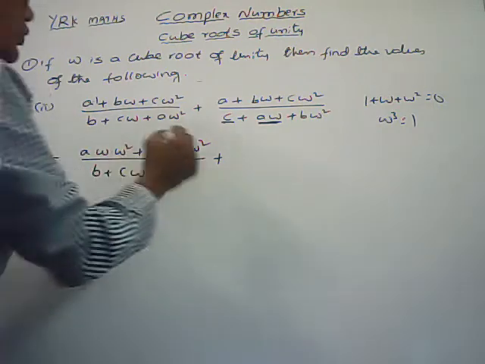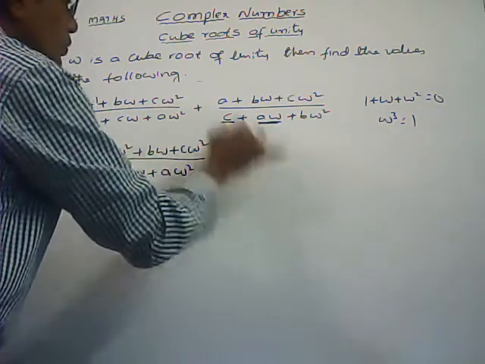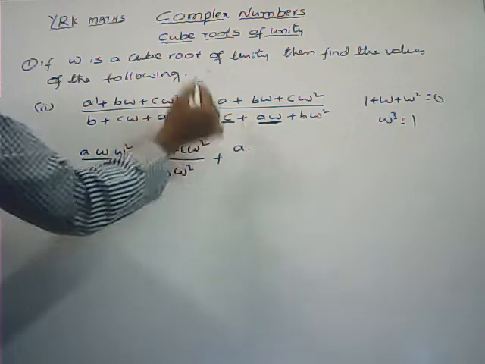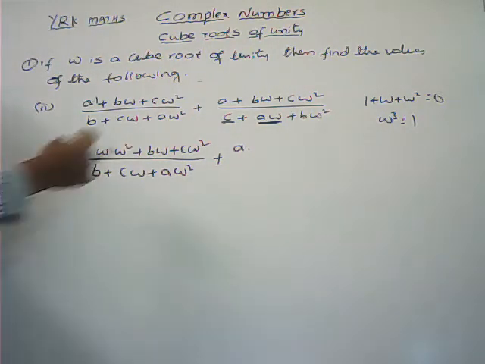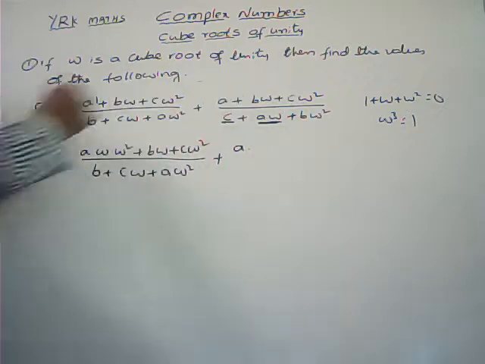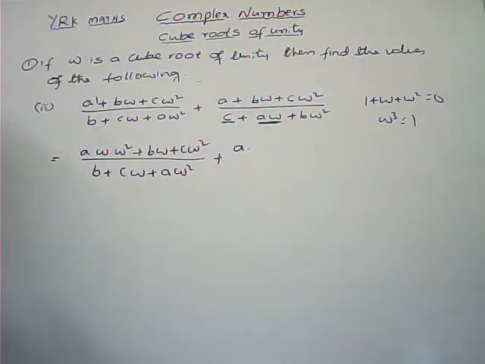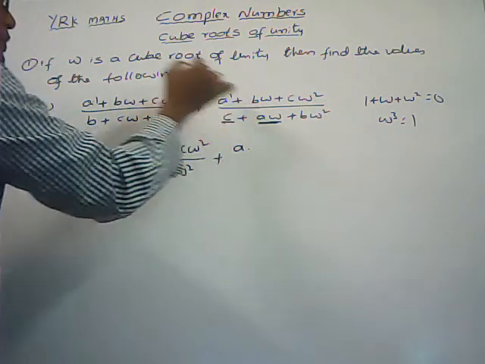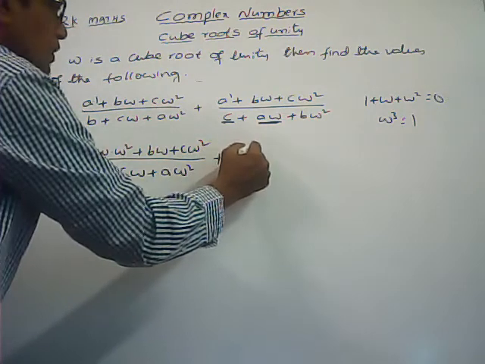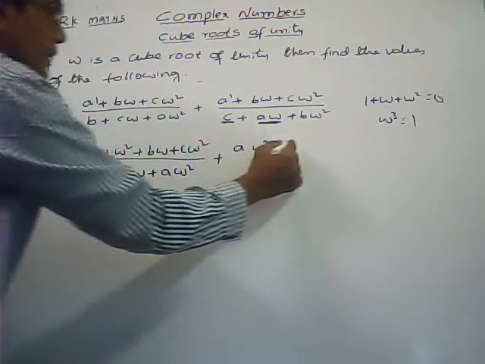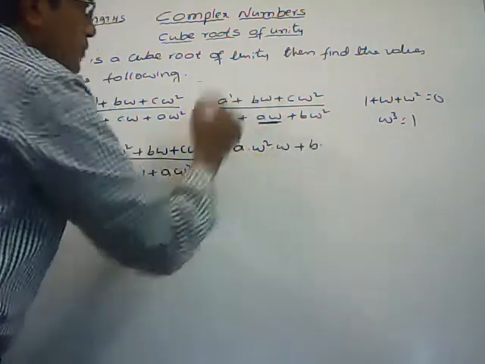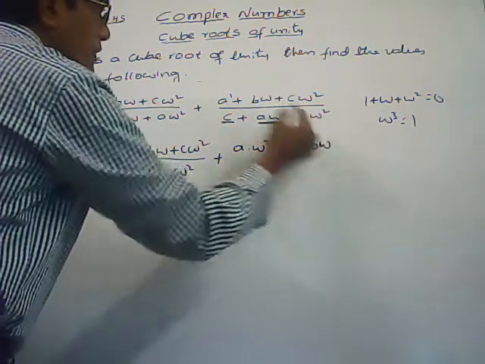Here also, what I am doing: the c coefficient is 1 here, but here the c coefficient is omega square. So from each term we should take omega square as common. Here a means a into 1 only. In place of 1, I am writing omega square into omega, plus b omega already is there.